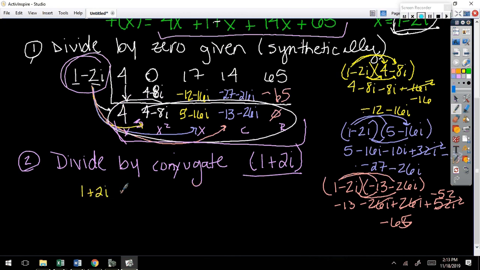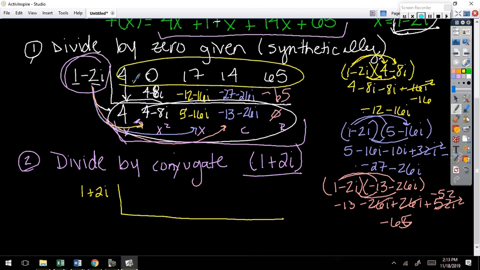I'm going to divide by 4 minus 8i, 5 minus 16i, negative 13 minus 26i. Okay? All right, so we divide by the factor, and then we take that value and we divide by the conjugate there. All right, so I have 4.